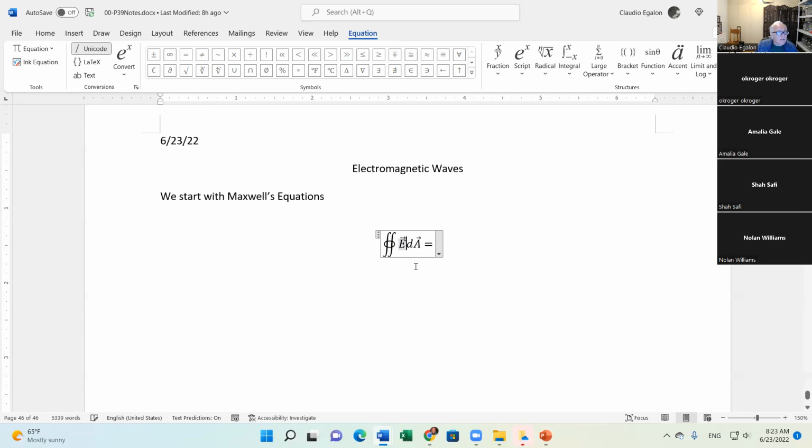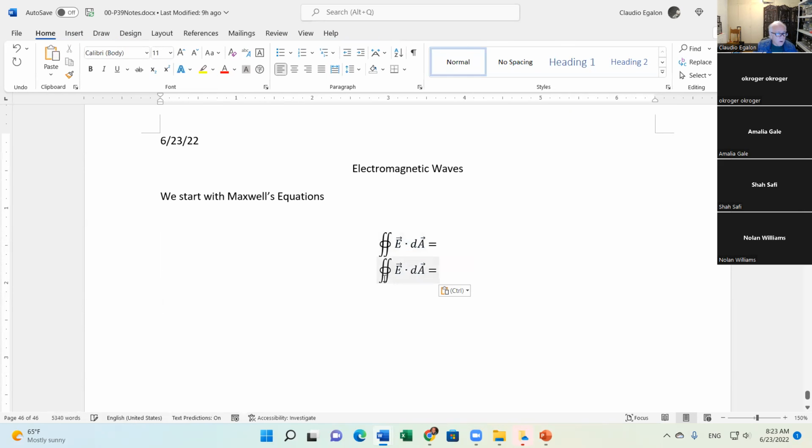And we must have a dot product between those 2 vectors. If you didn't memorize my physics 38 course, now is the time to memorize. It's not difficult to memorize at least the left side of the equation. It is a closed surface integral for both the electric field and the magnetic field.